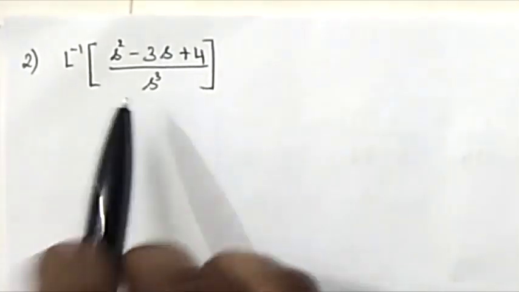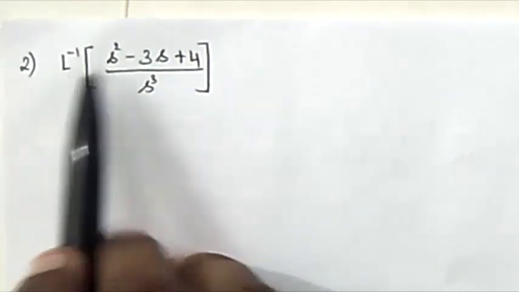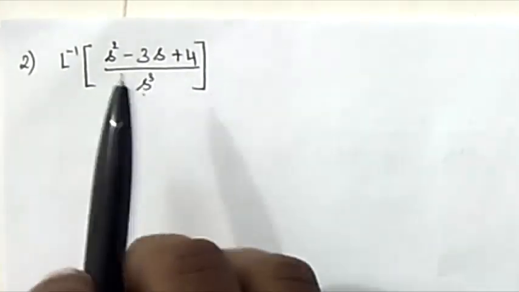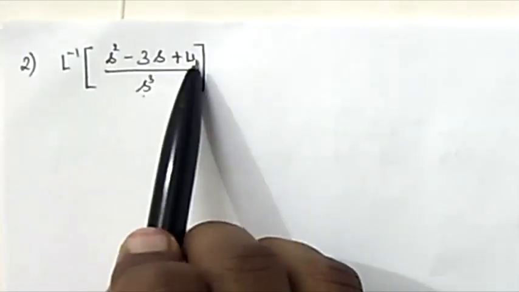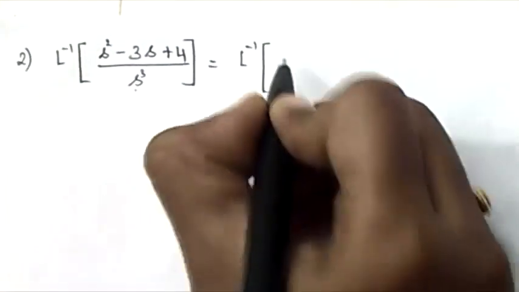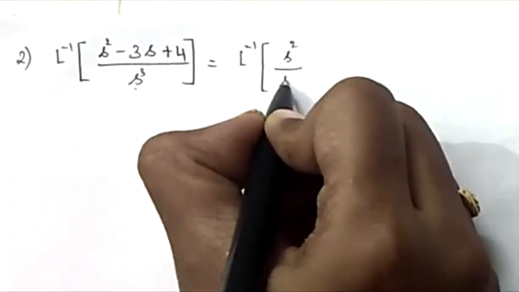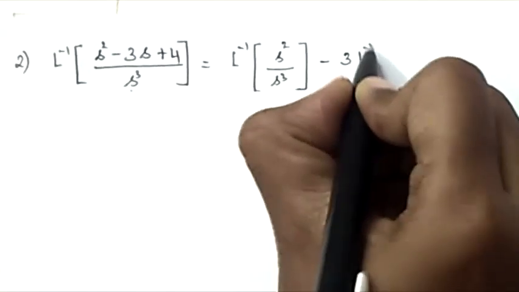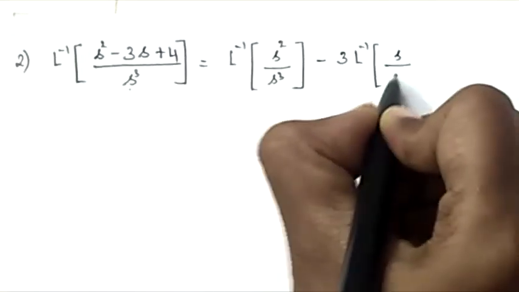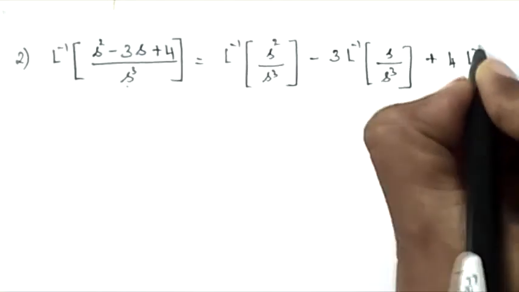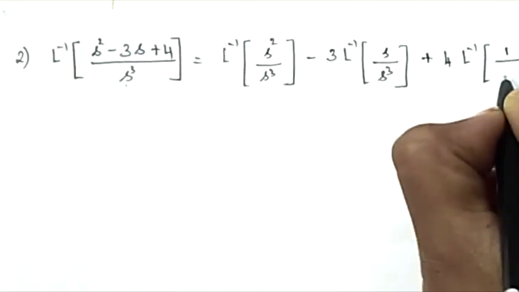Now the second problem, we will find inverse Laplace for s square minus 3s plus 4 divided by s cube. Now when we have terms like this, I will try to split the numerator and write it as equal to L inverse of s square by s cube, applying the linear property, minus 3 times L inverse of s by s cube plus 4 times L inverse of 1 by s cube.